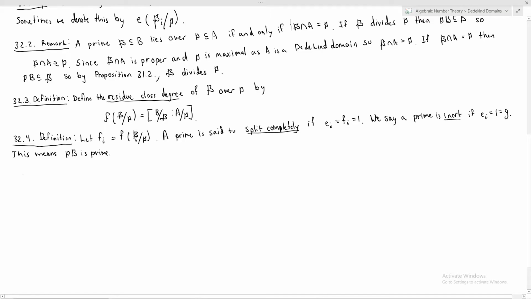Okay. And the main theorem, so let me go ahead and state the theorem, which is called the EFG theorem.